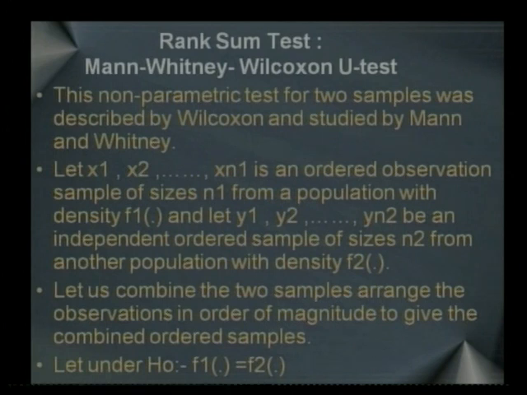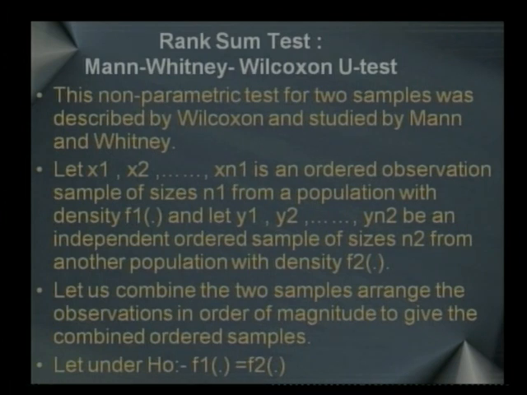So I will assign the value 5 to each of these 3 values. My ranks will be 5, 5 and 5. In this way, if a tie occurs, we can break the tie by taking the average of the ranks. So here also the property of order statistic has been applied.